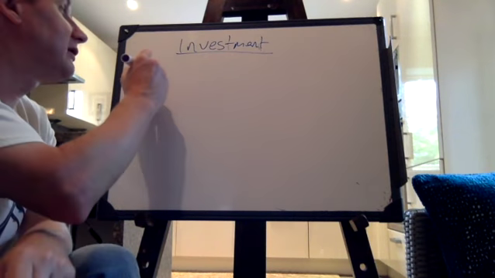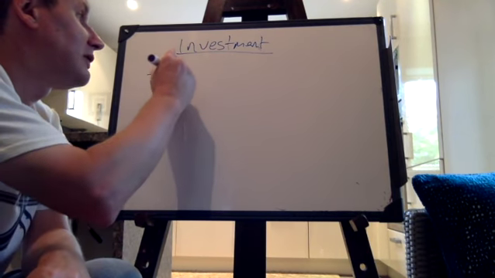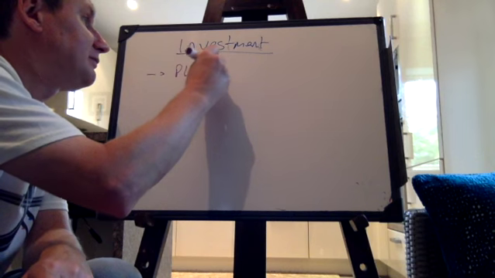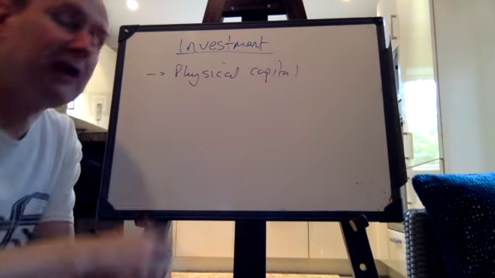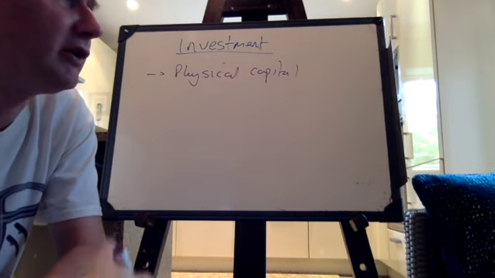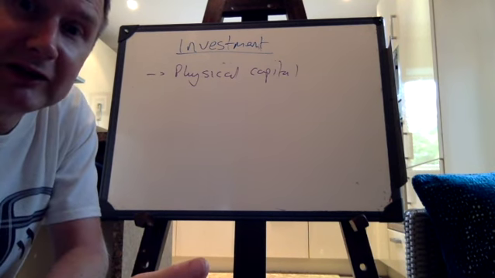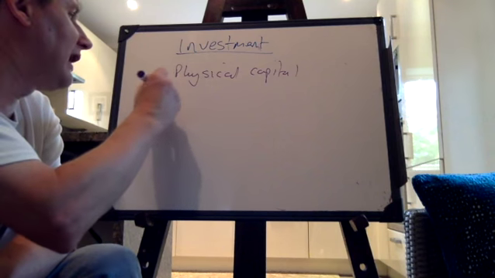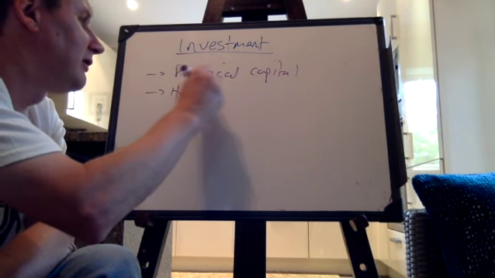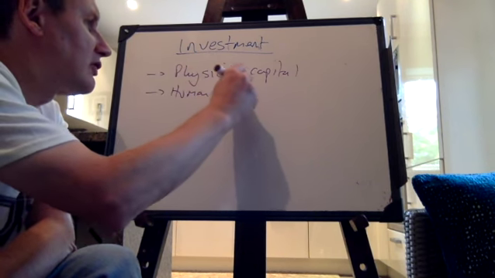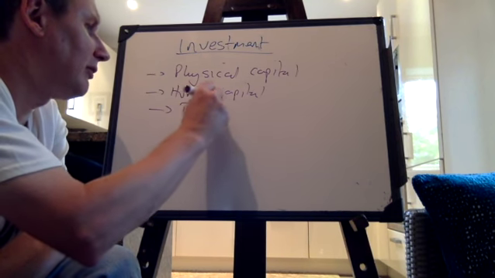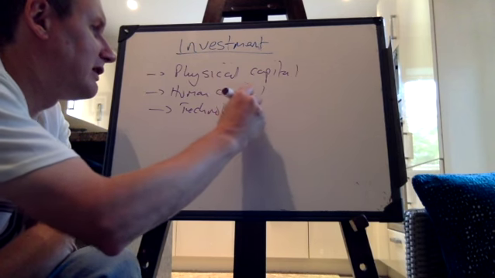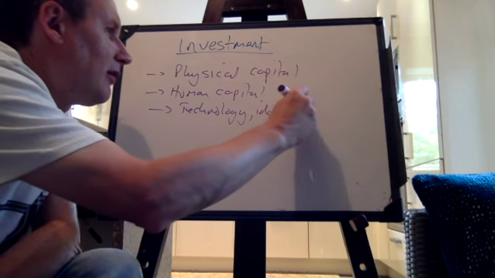So investment, classically, is physical capital formation. So that's buildings, machinery, IT, that type of stuff. We might also add investment in human capital, which would be training, and investment in technological capital, or ideas, which would then be R&D.